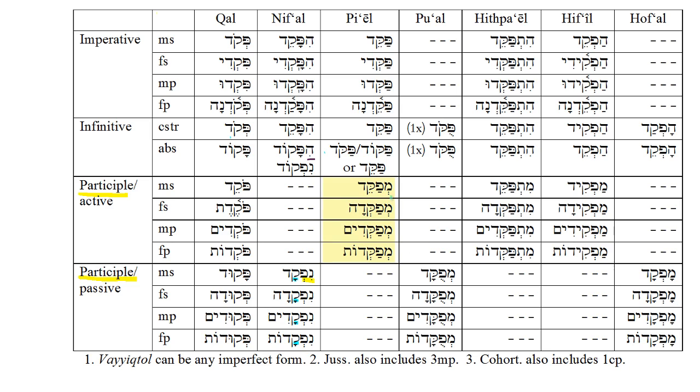Notice for the Piel, we have a mem with a vocal schwa, and we have a patach as our R1 vowel, which is pretty much like our imperfect, only the mem has been swapped in for one of the imperfect prefixes. And of course we have participle endings. Similarly, the other forms have the same prefix vowel and same R1 vowel. In all the cases we also have the doubled R2.